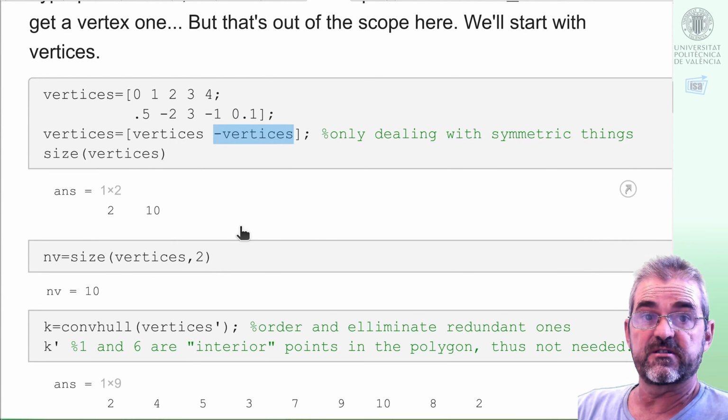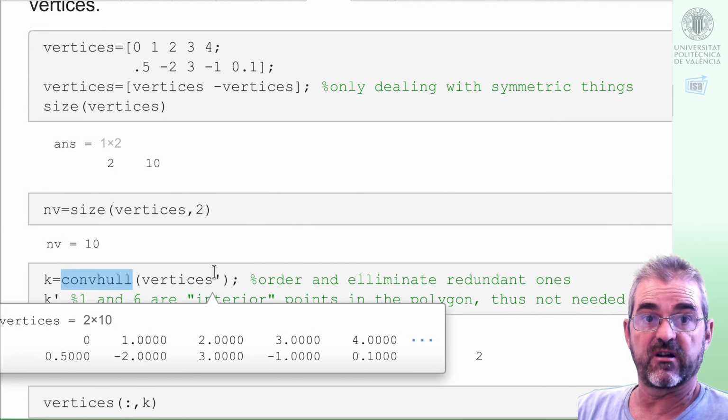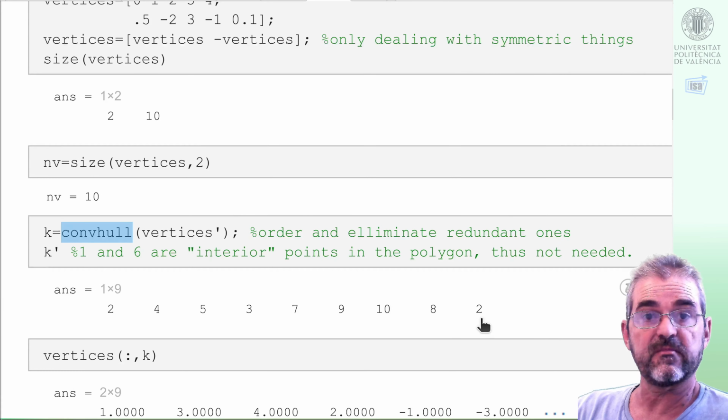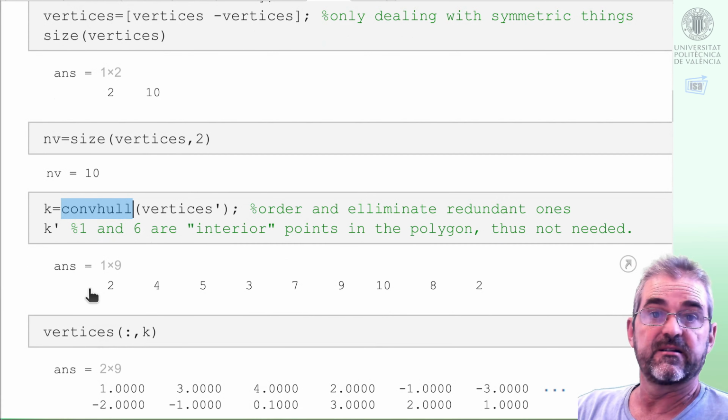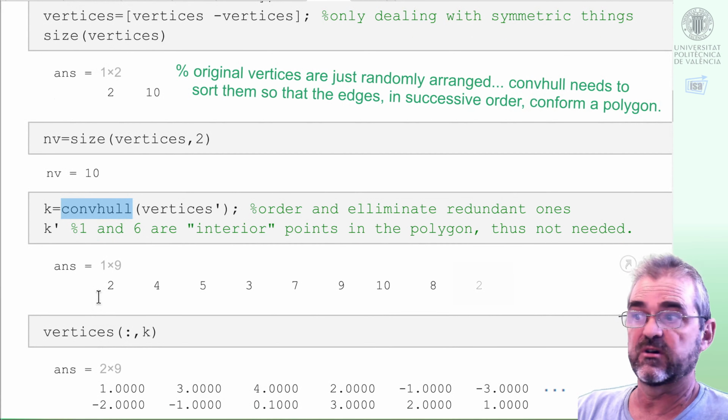In these 10 vertices, 2 of them will be actually interior points of the polyhedron they define, because if I compute the convex hull with this Matlab command, the result is a polyhedron with 8 faces: from point 2 to 4, 4 to 5, 5, 3, 3, 7, 7, 9, 9, 10, 10, 8, and 8, 2.